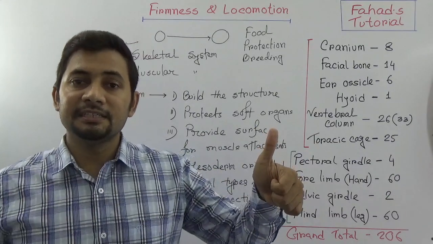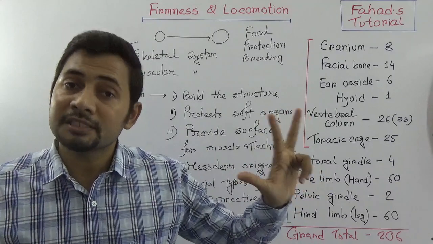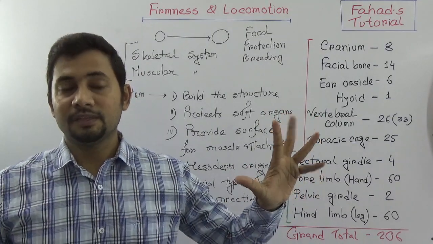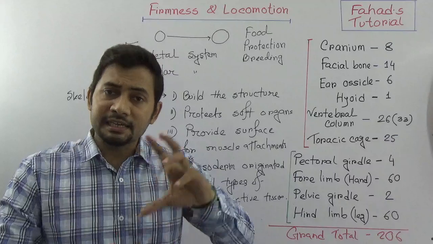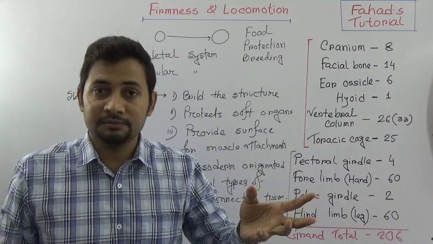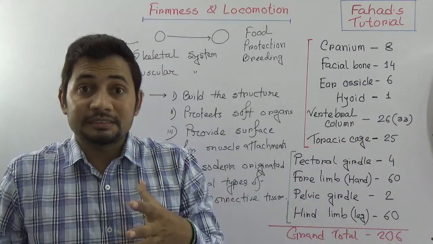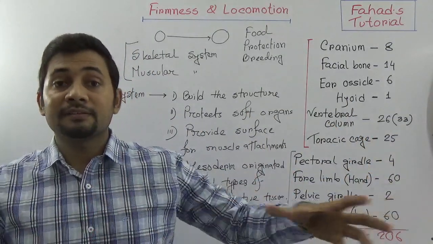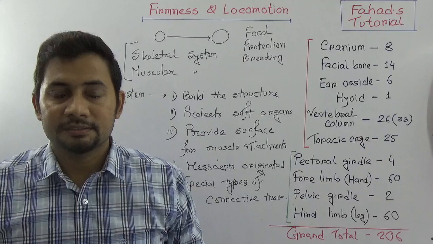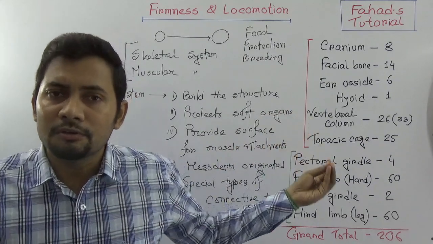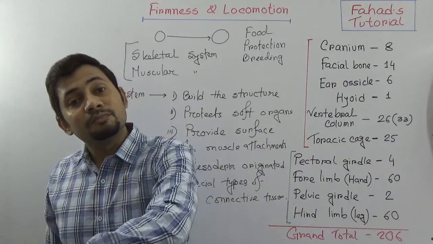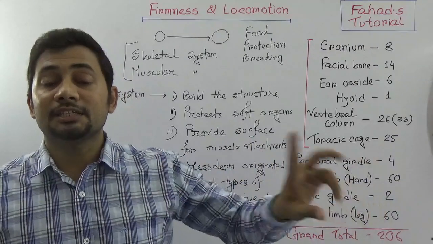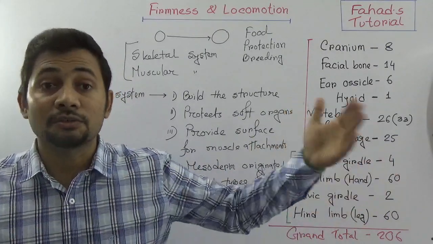So in coordination of skeletal tissue and muscular tissue, animals are able to relocate from one place to another. It is able to move. That is why this is called locomotion. When animals move from one place to another in search of food, protection and breeding, this is called locomotion.